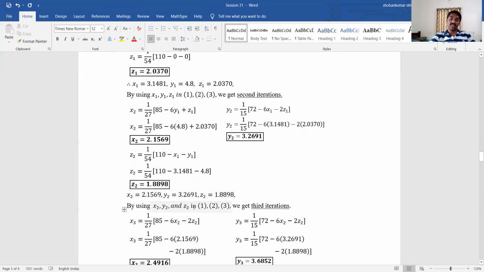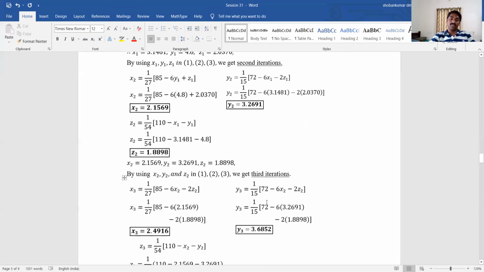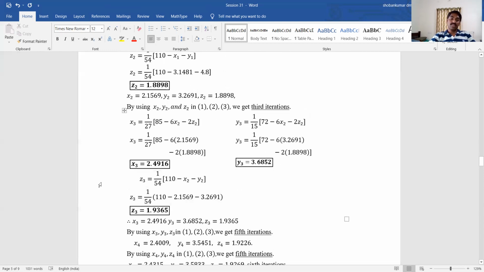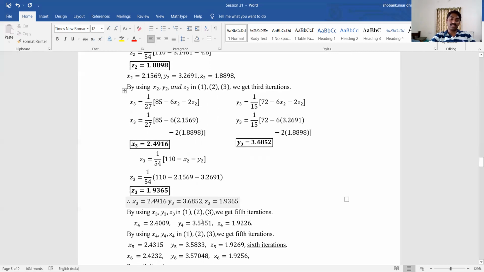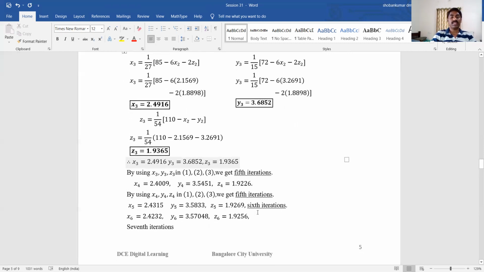By using x2, y2, z2 in 1, 2, 3, we get the third iterations. Here, the third iterations are x3 is equal to 2.4916, y3 is equal to 3.6852, and z3 is equal to 1.9365. These are the third iterations. And again, by using x3, y3, z3 in equations 1, 2, 3, we get the fourth iterations.